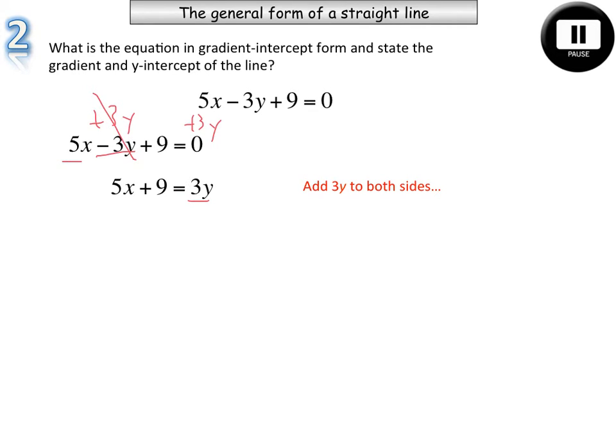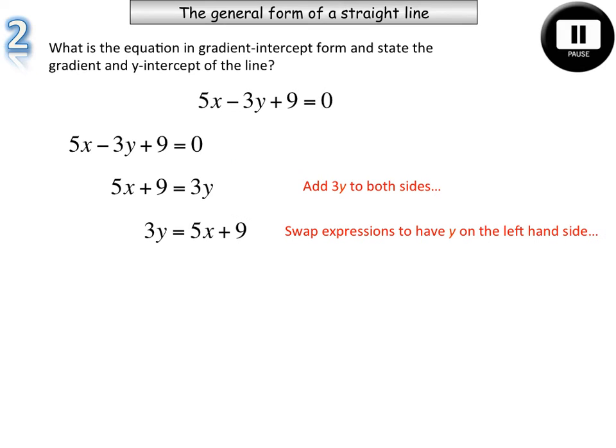So we have 5x plus 9 is equal to 3y. Next line is just swapping the expressions. We like to say a pronumeral equals, so like y equals. So we'll have that on the left-hand side. So all we've done is rewritten the equation in the reverse form, which is totally fine.